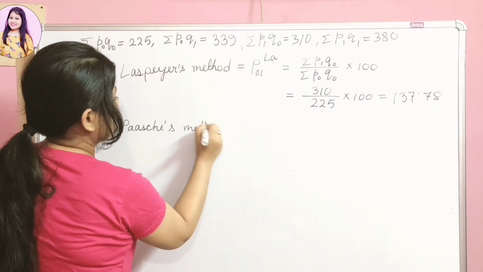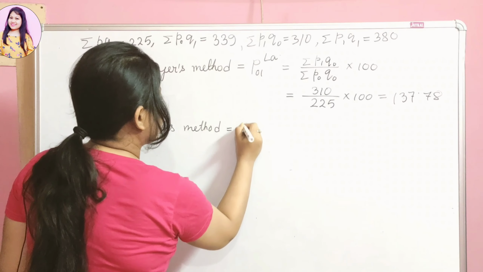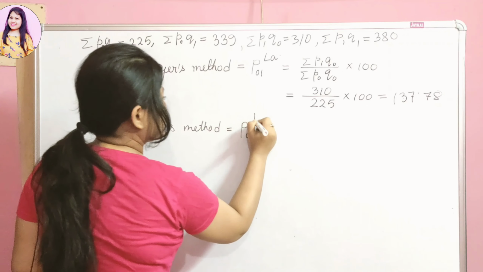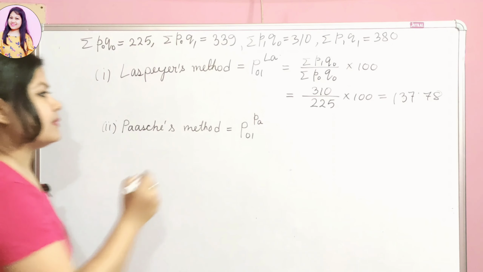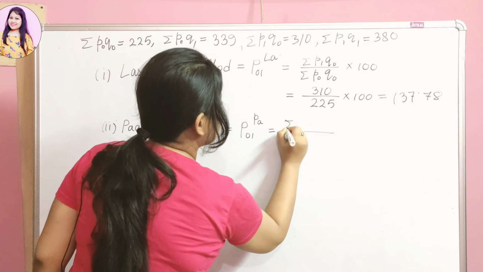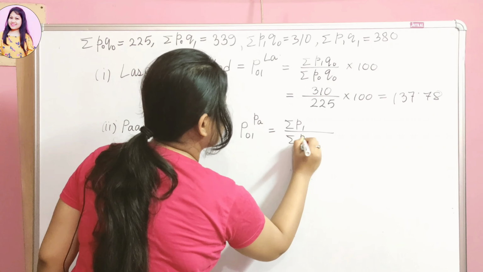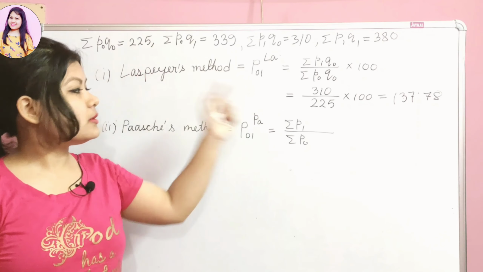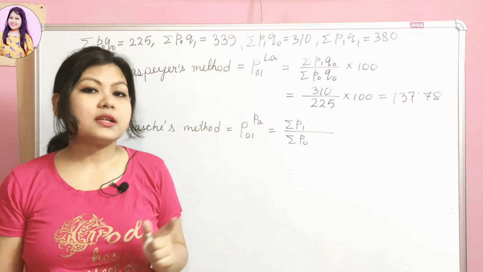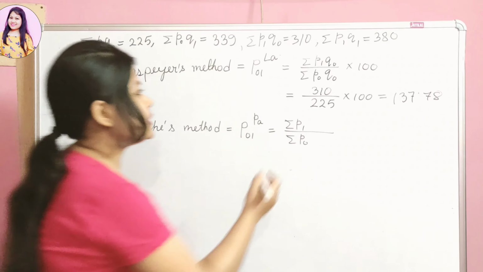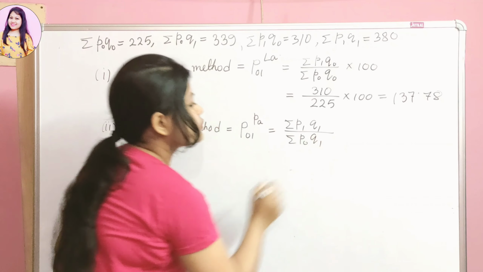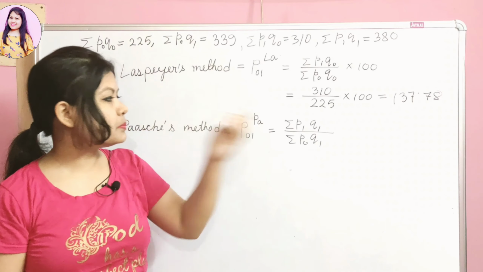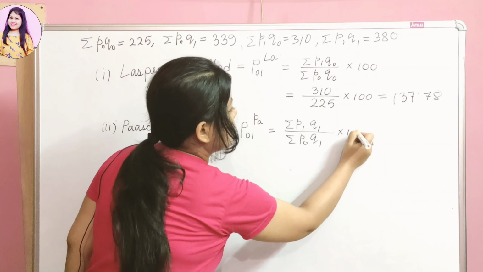Next is Paasche's method. Here the index number is denoted by P01 P. The initial part will be the same, summation of P1 divided by summation of P0, as I have already told you. Now the next value will be Q1. So the formula is summation of P1 Q1 divided by summation of P0 Q1 into 100.